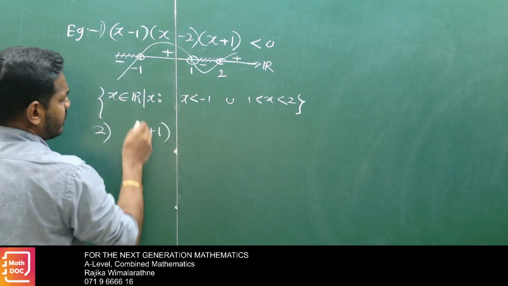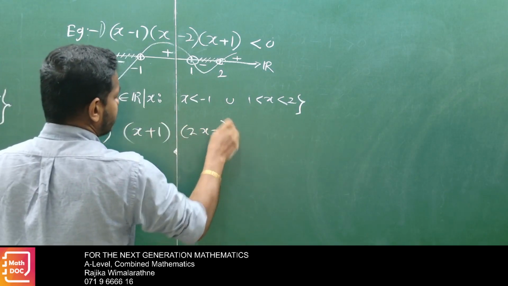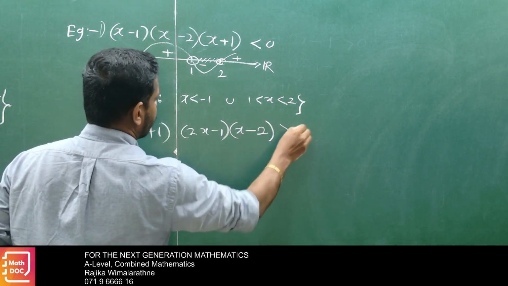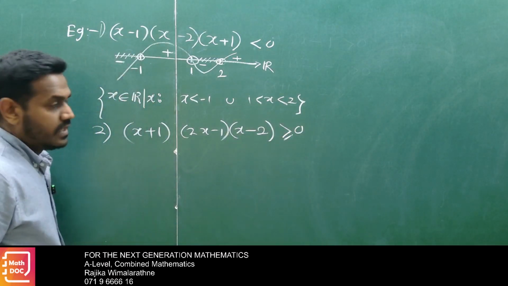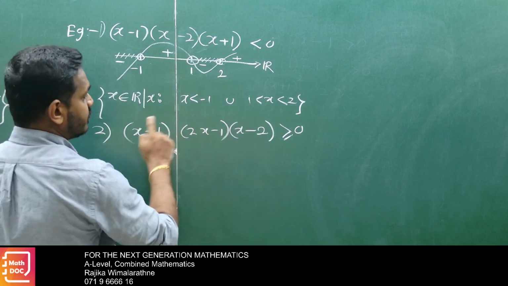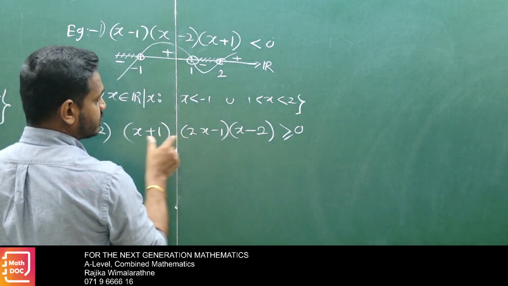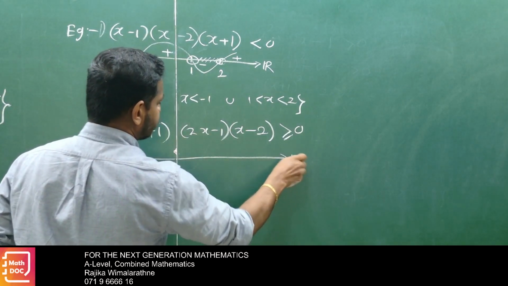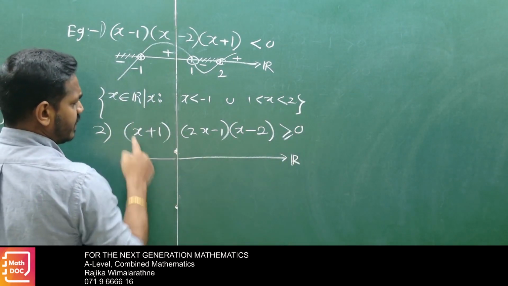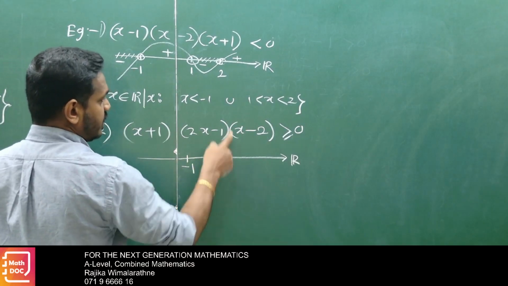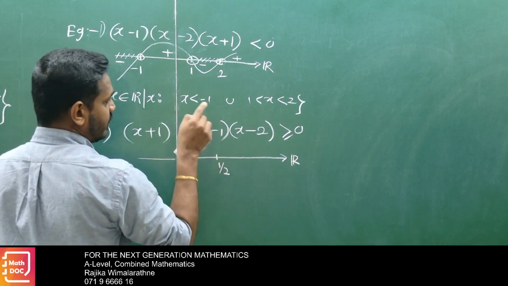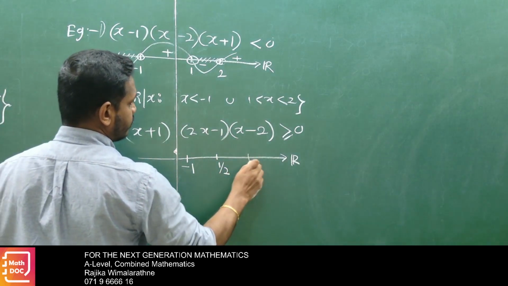(x plus 1)(2x minus 1)(x minus 2) greater than or equal to 0. When you expand, the leading term is positive, all the factors are given, all terms are on one side. On the real number line, here the zero value is minus 1, mark it. Here the zero value is half, since 2x equals 1, x equals half. Here the zero value is 2.